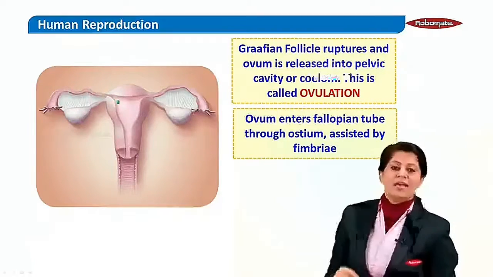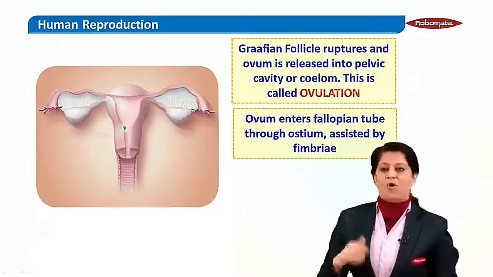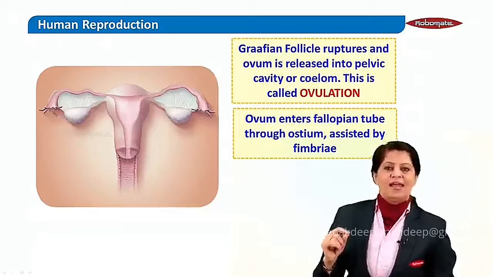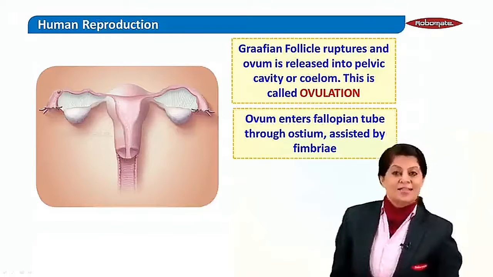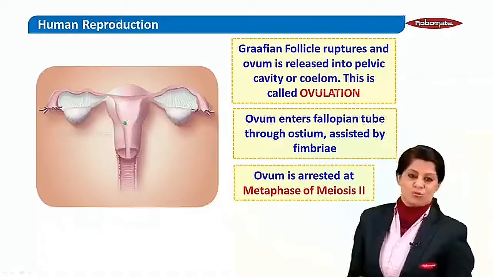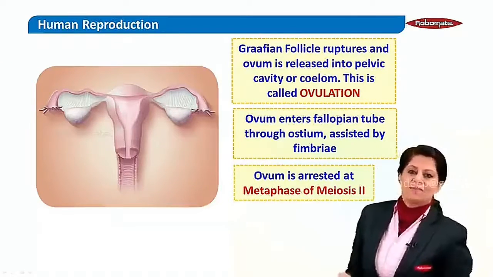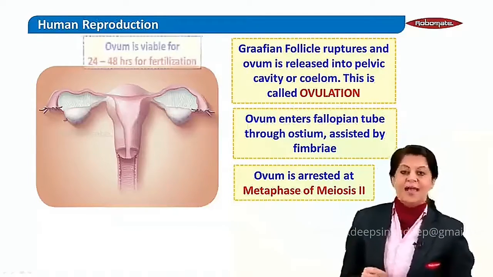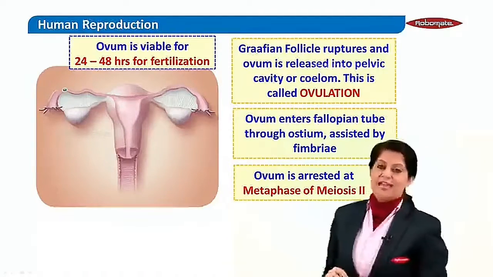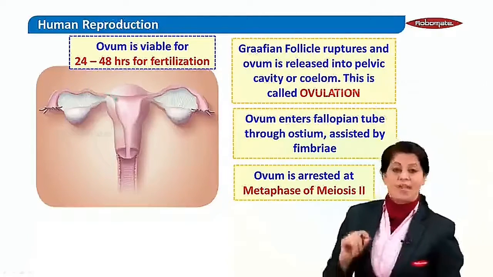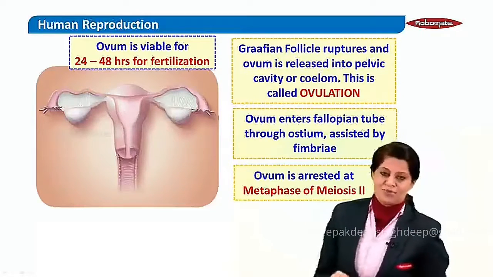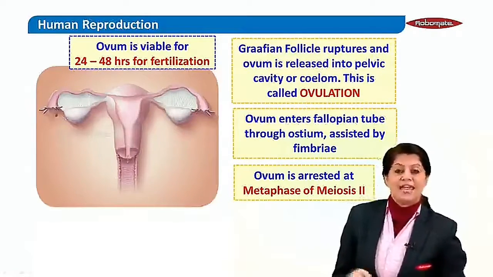Also, students, remember here that the ovum or egg, what we are calling it right now, is actually in oogenesis at the stage we call metaphase of meiosis 2. So it is arrested at metaphase 2, students, and this is viable for 24 to a maximum of 48 hours for fertilization. If it happens, it has to happen during this time, students, 24 to 48 hours.